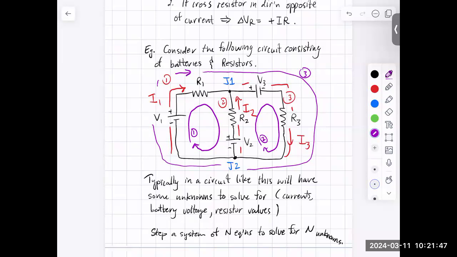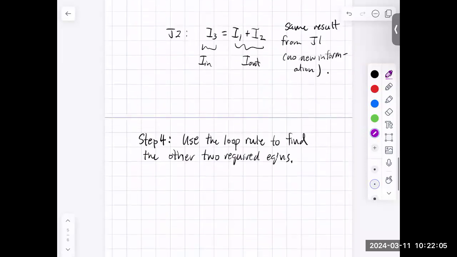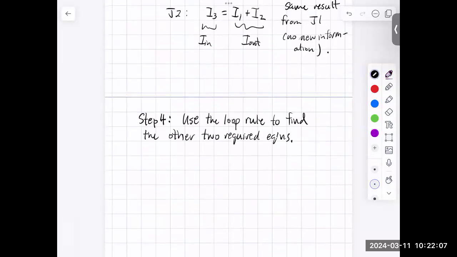Then we're going to cross the resistor R1 in the direction of the current I1. Because we are going in the same direction as the current, we lose a voltage of minus I1 R1. So let's write those down first of all. Let's take loop 1.